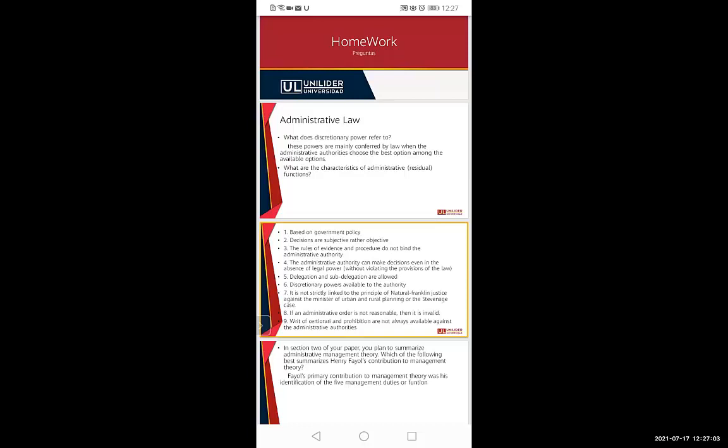Question number 2. What are the characteristics of administrative residual functions? Number 1, based on government policy. 2, decisions are subjective rather than objective.